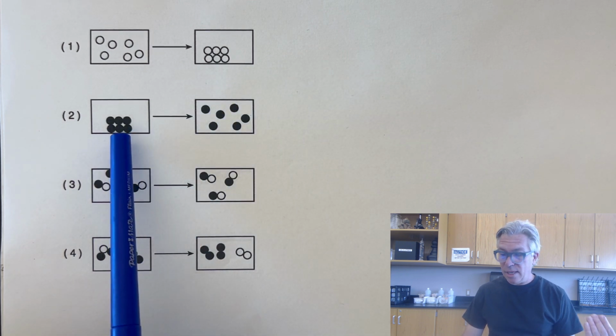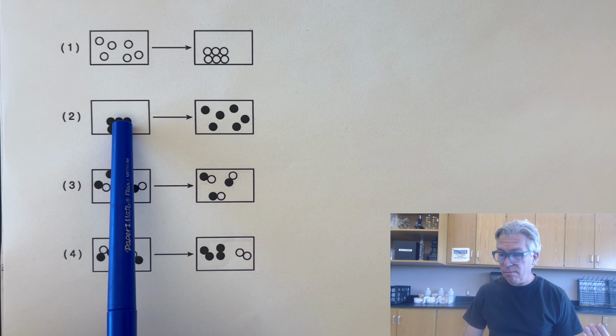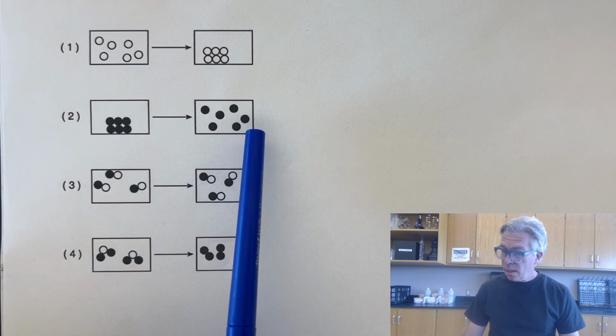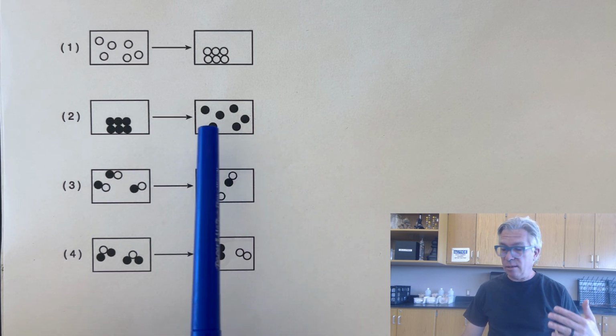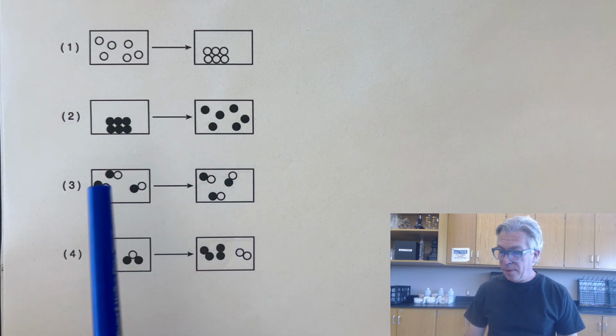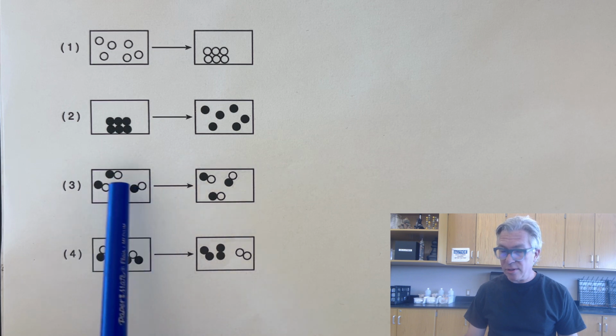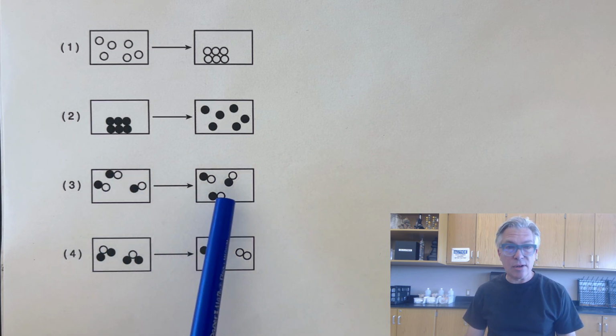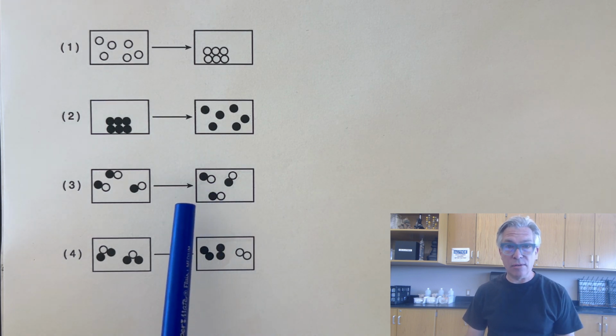Here we have the opposite, a solid, an orderly arrangement moving apart into the liquid or gas phase. And so again, we've got some sort of vaporization going on. Here we have molecules with 2 different types of models in them, but they're simply just moving around. They're not actually reorganizing themselves into new groupings.